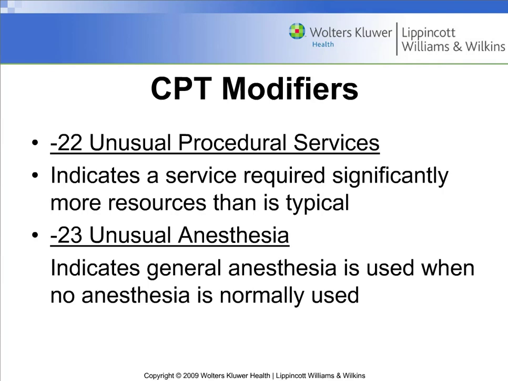The example given was a surgeon removes a 2-pound cyst from the pancreas of a morbidly obese patient. The surgery was complicated because of a poor visual field attributed to the patient's obesity. So the procedure was excision of the lesion of the pancreas with unusual circumstances.